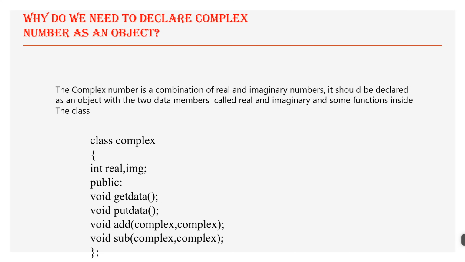Now it is not possible to declare a complex number using a conventional procedure oriented language, that is C. We have to define an object for representing a complex number. So as a part of it, initially let us define a class called complex, wherein I am taking two data elements.